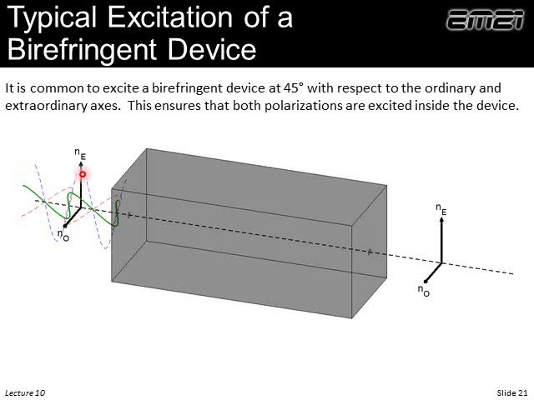Because then we excite both of those polarizations equally, right? Because we can decompose this 45-degree linear polarization into a vertical and a horizontal polarization of equal amplitude. So we usually excite it at 45 degrees between the two axes, and that actually sends energy into both the ordinary and extraordinary axes.